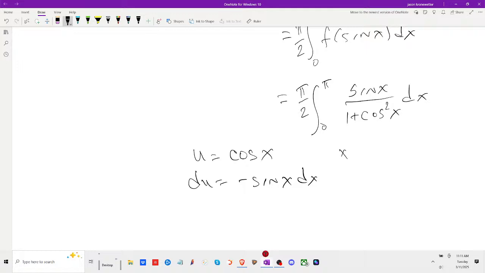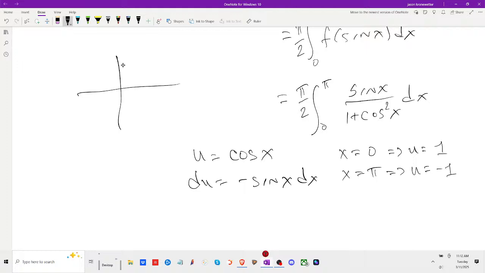When x is equal to 0, u is equal to cosine of 0, and cosine of 0 is 1. When x is equal to pi, then u is equal to cosine of pi, which is negative 1.